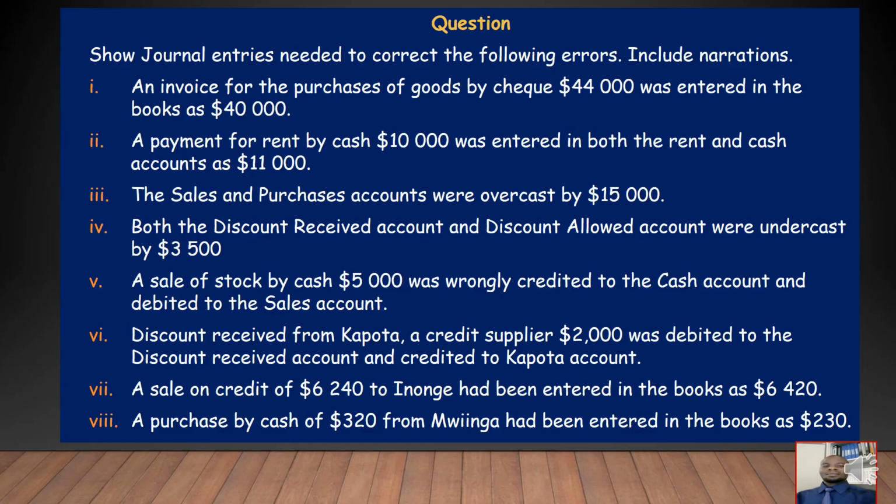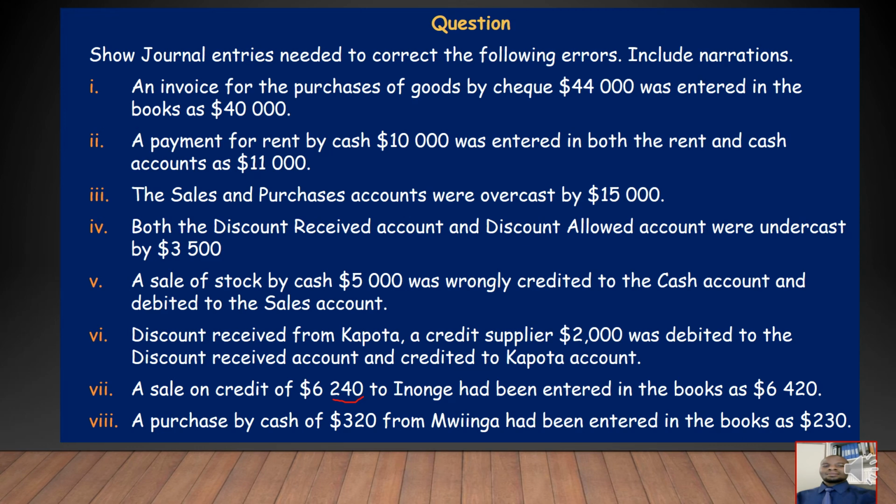We are looking at part 7 and 8 of the question. Part 7 says, a sale on credit of $6,240 to Inonge had been entered in the books as $6,420. Let's take a look at this question. When you look at this question, we can clearly see that there is a transposition of figures.